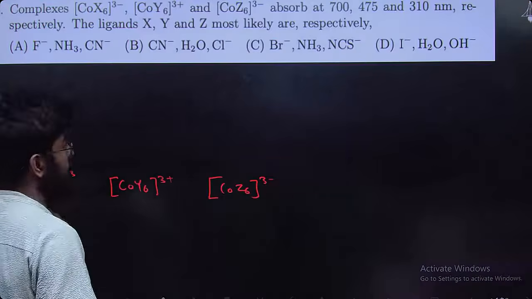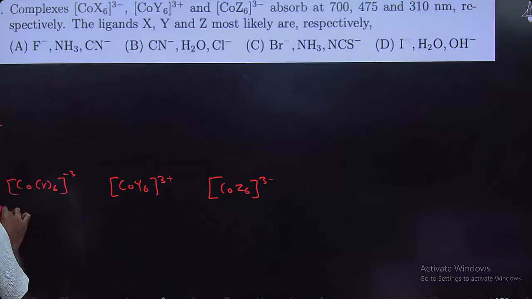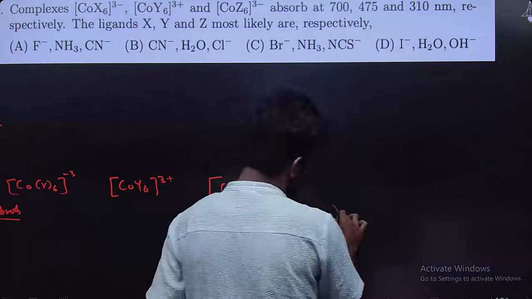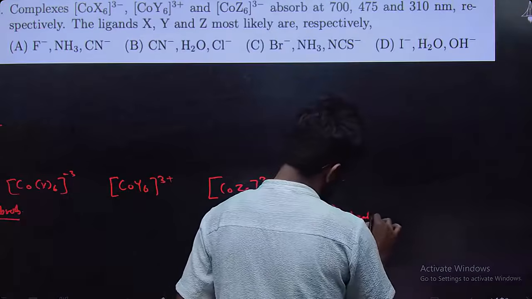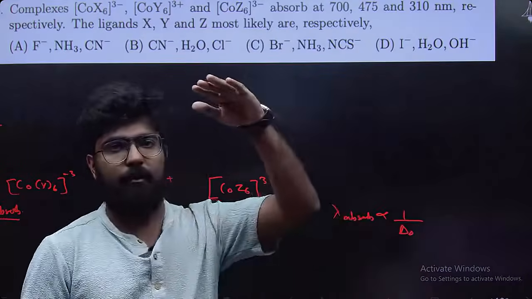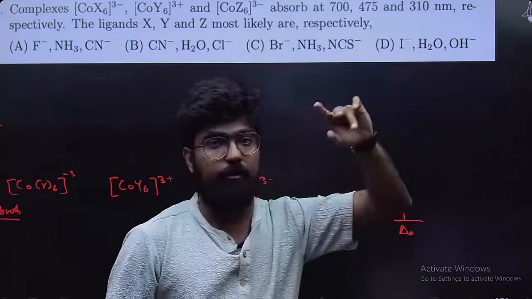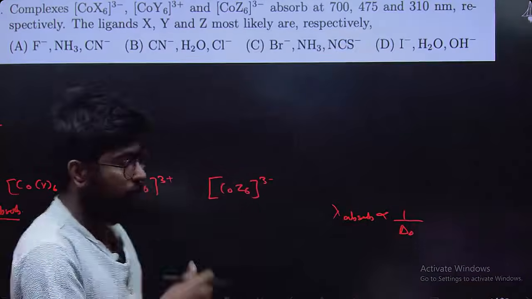Now understand this. We should know that lambda absorbed is inversely proportional to delta O. The higher the gap between the split d orbitals, the more energy it will absorb, not the wavelength, right? So the wavelength will be correspondingly very less.